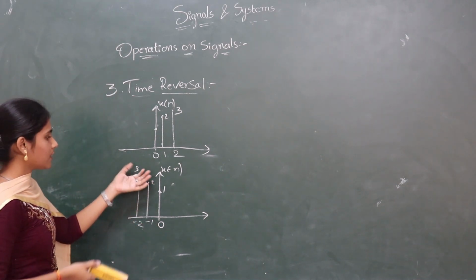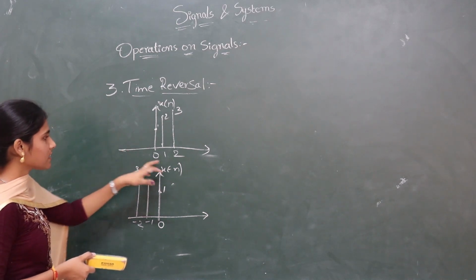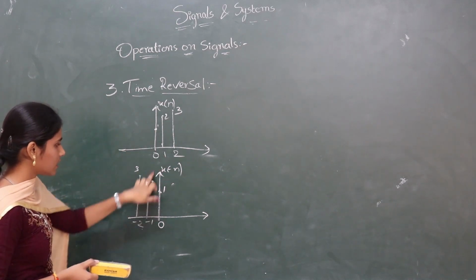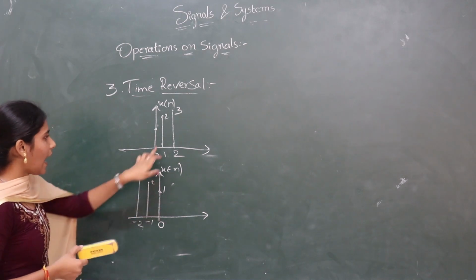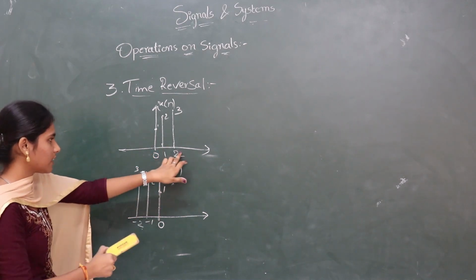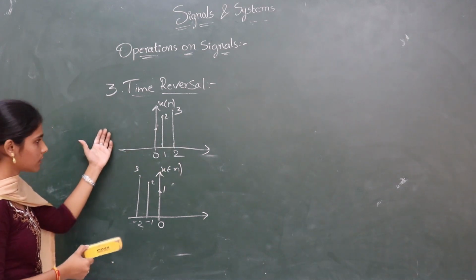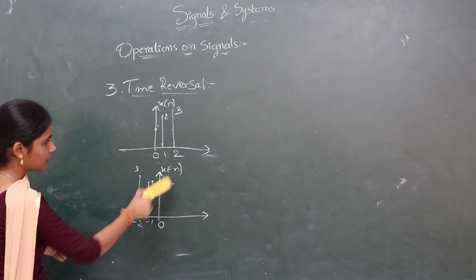As we observed in continuous time signals, in discrete time signals also the origin remains constant, and the right part of the signal is shifted towards the left, as we can see here.